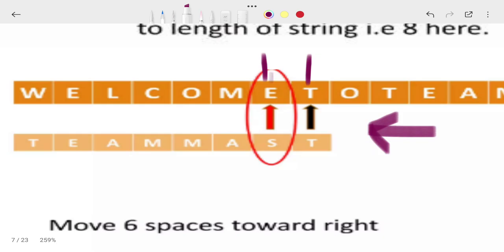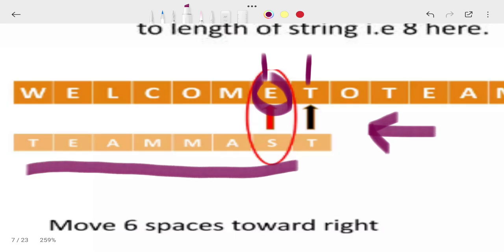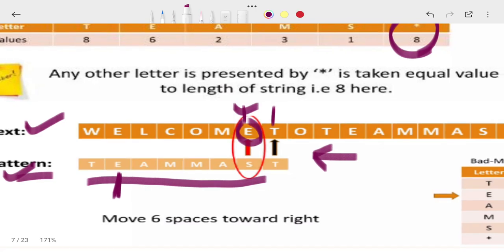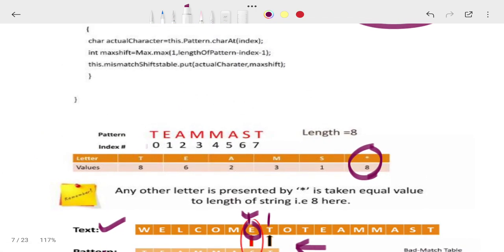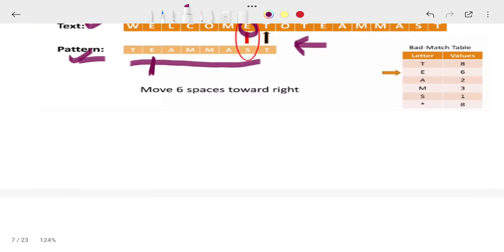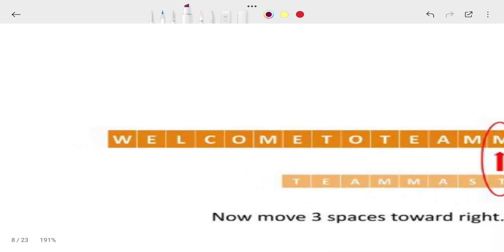I will check the index of E in my pattern. There are two cases: either E is present or E is not present. If E is present, I will shift the pattern according to the index of E. My index of E is 6, which means I will shift 6: 1, 2, 3, 4, 5, 6.